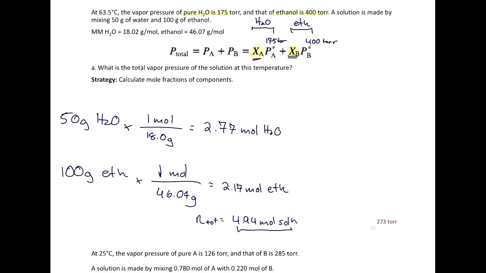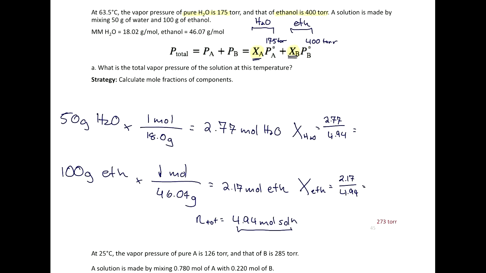But we have almost 5 moles of just stuff in this beaker. That's useful to us because to get the mole fraction of water, I'm going to take the 2.77 number we just calculated and divide by 4.94. To get the mole fraction of ethanol, I'm going to take 2.17 and divide by 4.94.